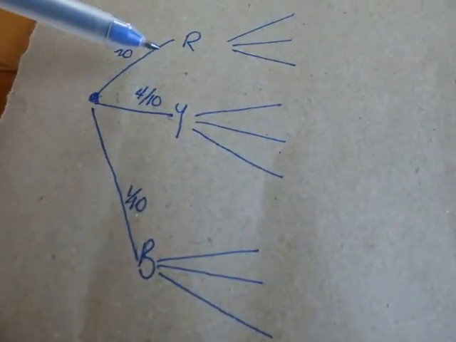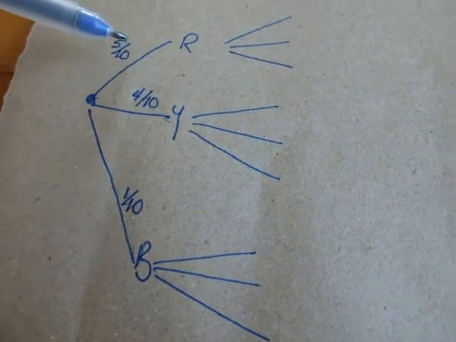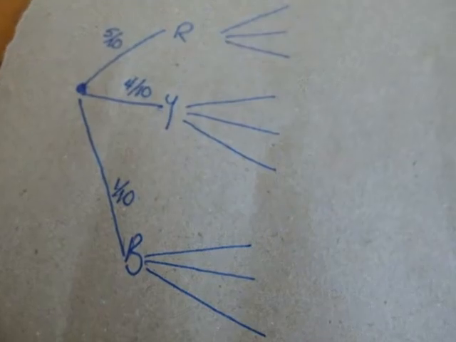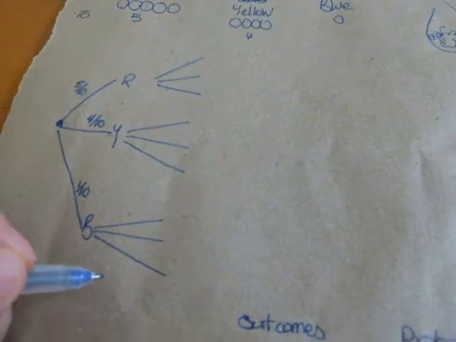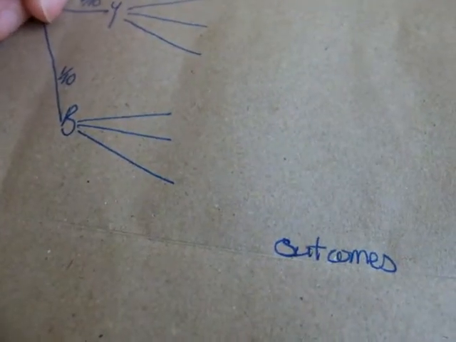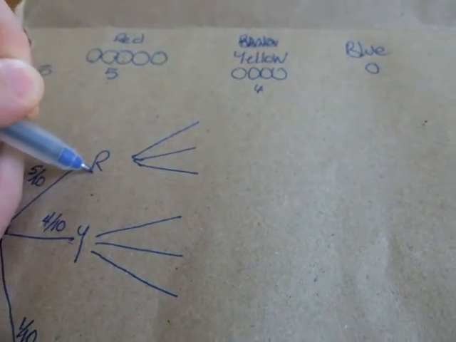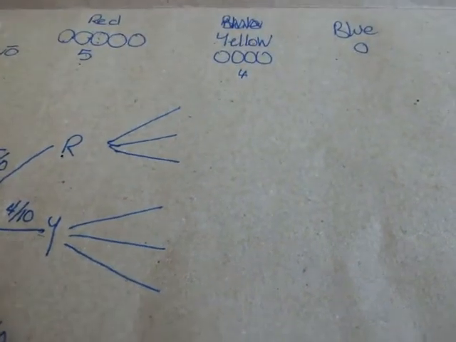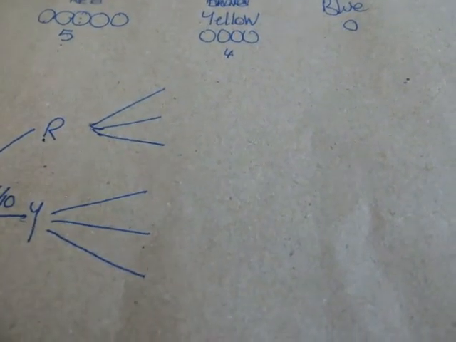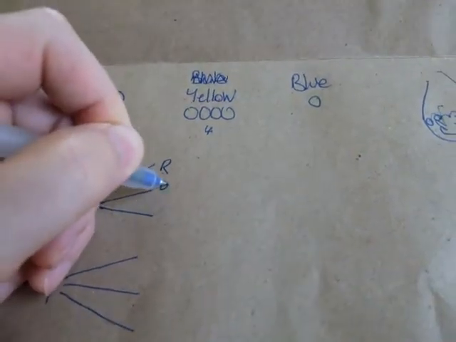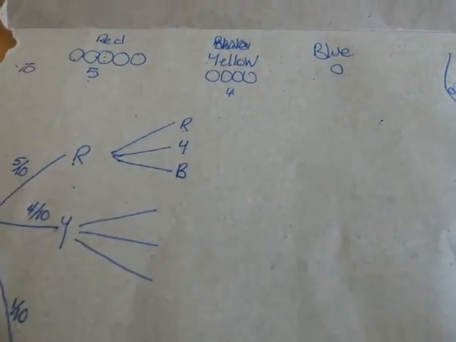So when I draw out the first marble, the probability of being red, as I said, is 5 in 10, yellow is 4 in 10, and blue is 1 in 10. Now I put that marble back into the bag and pull out a second marble. If I pulled out a red marble the first time and put it back in the bag, the outcomes could be red again, yellow, or blue.